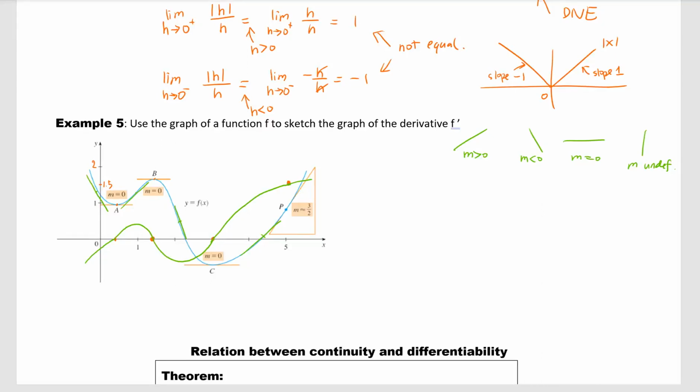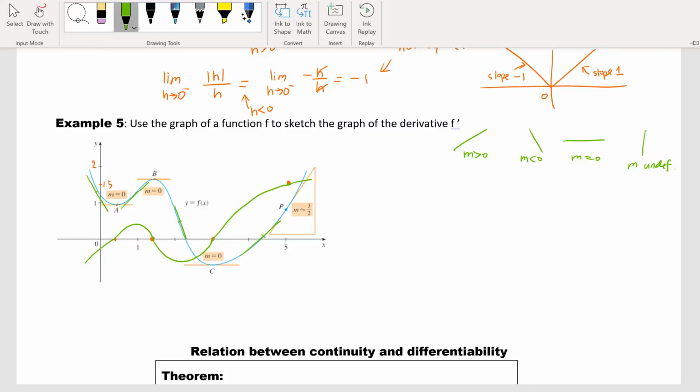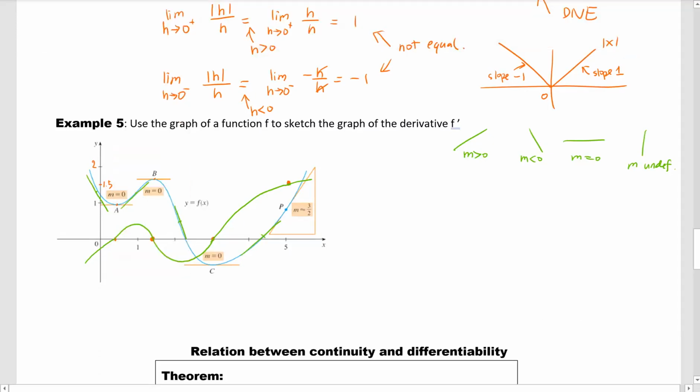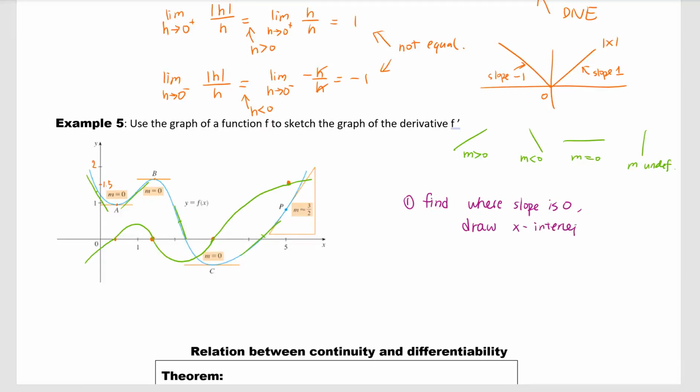Okay, let's summarize our rules. Remember, when we see a different kind of problem, I would like to summarize the rules with you. First, we want to find where the slope is 0, and then we can draw the x-intercepts. That's the first step. The second step depends on whether the slope is positive or negative.